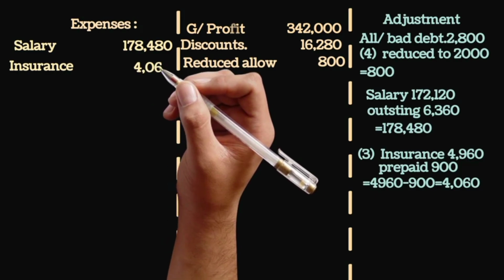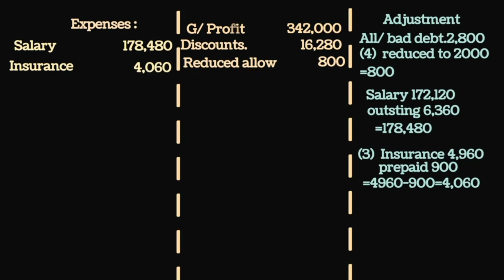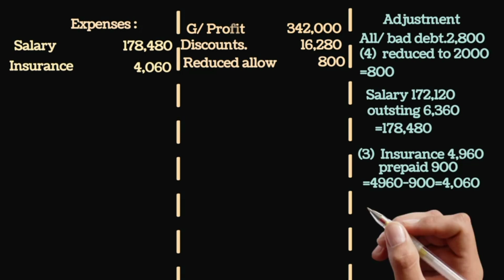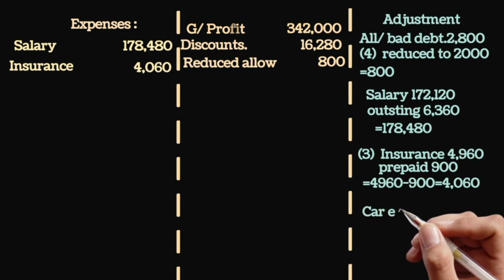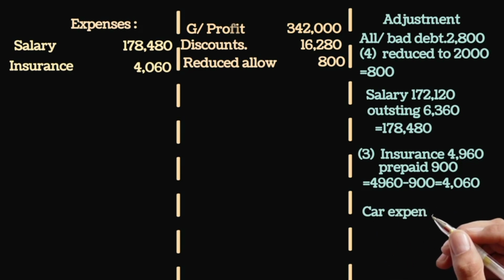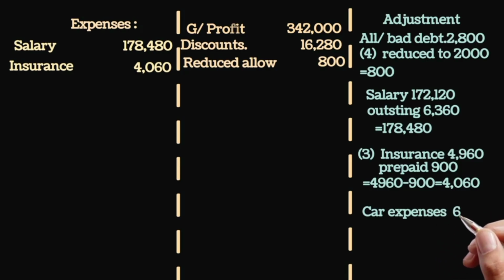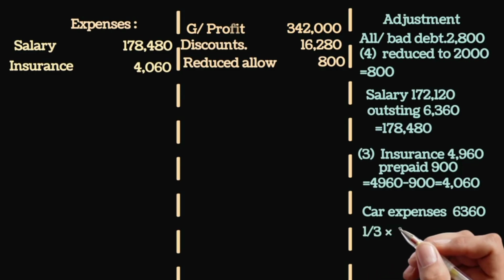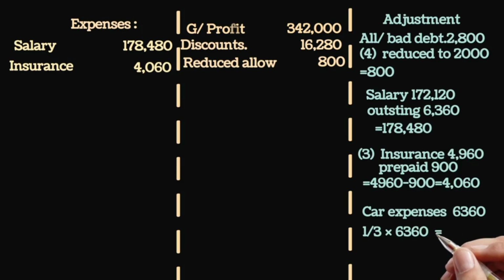So we bring it here. The value of insurance now becomes $4,060. That is the insurance for the period. The prepayment is going to the balance sheet as an asset, while the outstanding salary is going as a current liability.